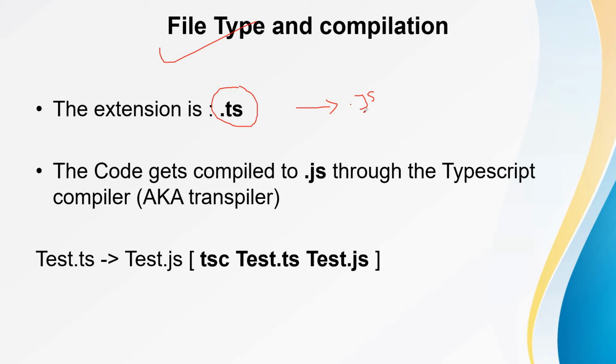The compiler which converts the .ts file to a .js file is known as tsc. You can see this is the name of that compiler, tsc.exe. Well, tsc is a script basically, not an exe.